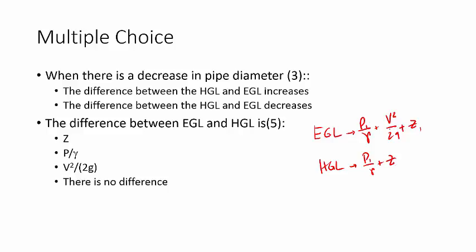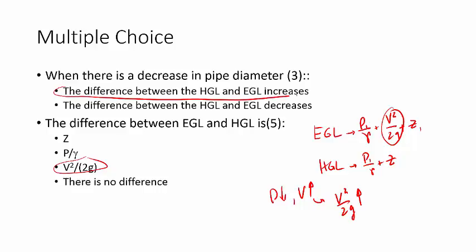So the difference between the two is this velocity. So whenever there is a decrease in pipe diameter, as you decrease the diameter, the velocity increases. So therefore, this difference increases. So the difference between the hydraulic grade line and the energy grade line increases.